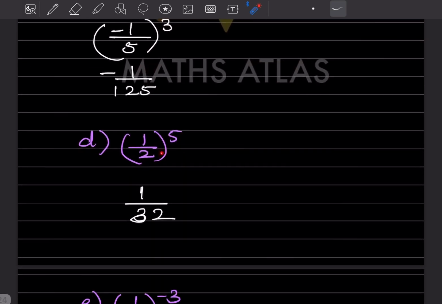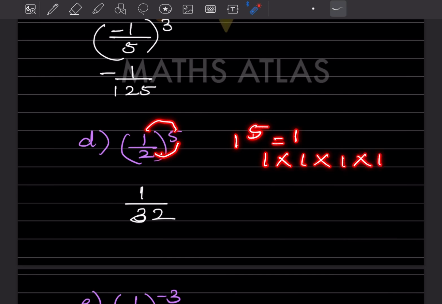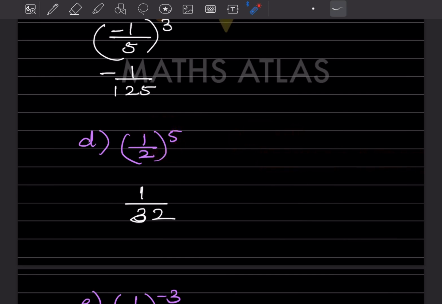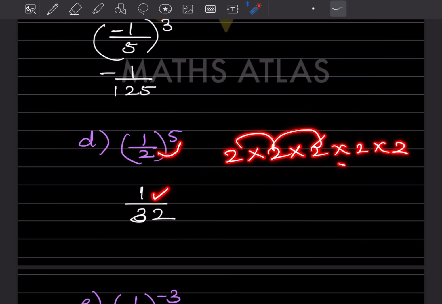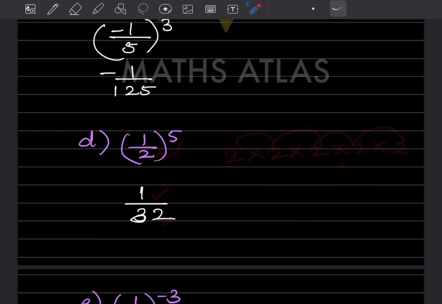Now here, this is actually this into this. So 1 raised to 5 means you are multiplying 1 five times, that is also going to be 1. So it doesn't make any sense writing something else but just 1. And here 2 raised to 5, that will be 2 into 2 into 2 into 2 into 2, so that will be 32.